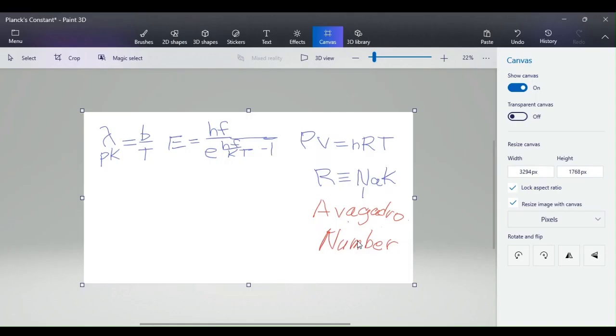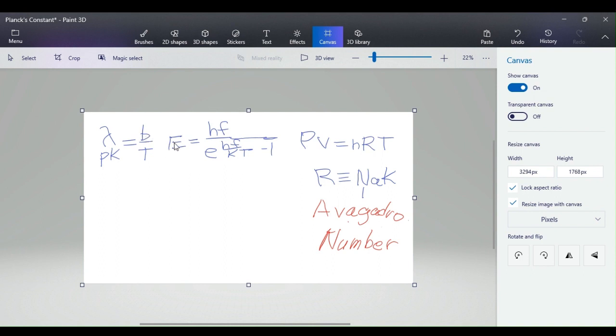Now, the important part. Okay, as promised, here's the formula that we had from the last one. Here's the wavelength peak, and this is Wien's constant. He's German, so let's pronounce it correctly.